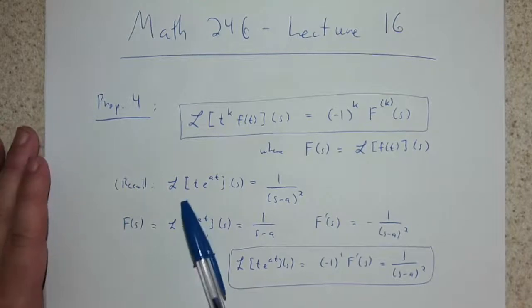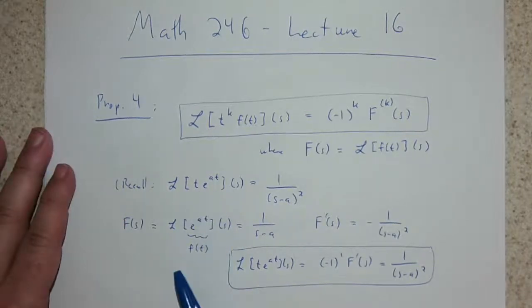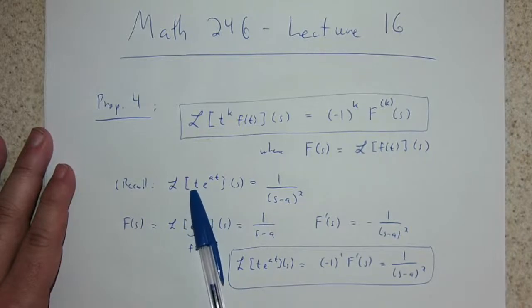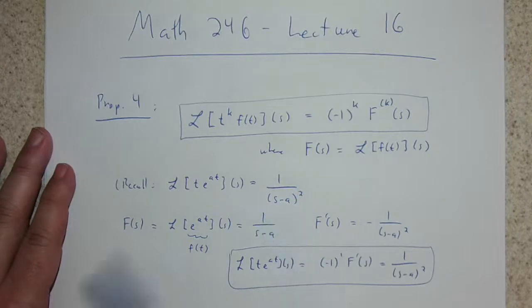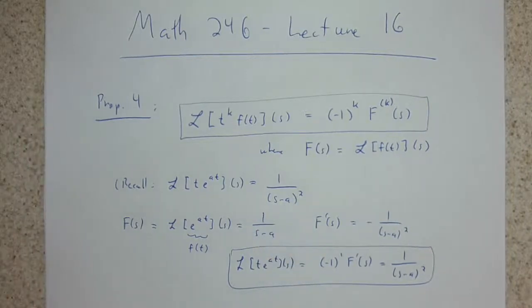So I hinted when I first showed you this that the Laplace transform of t e to the at is 1 over s minus a squared. How did that compare here? You might say, oh, you just square the denominator, right? But that's not really what's going on here.